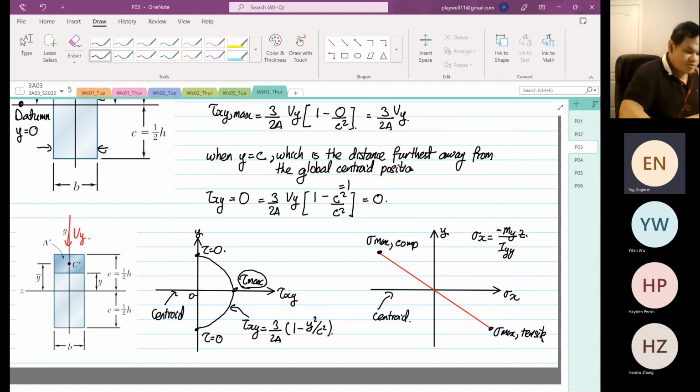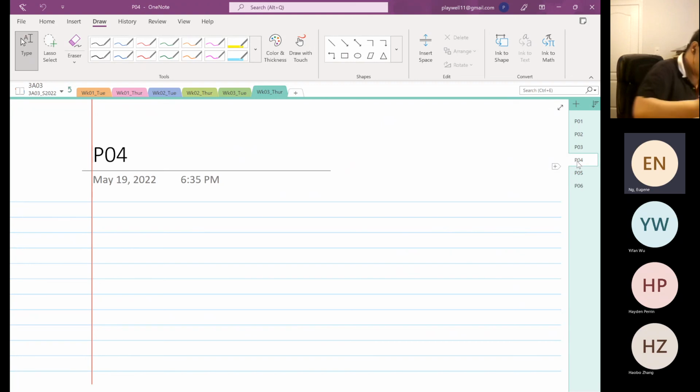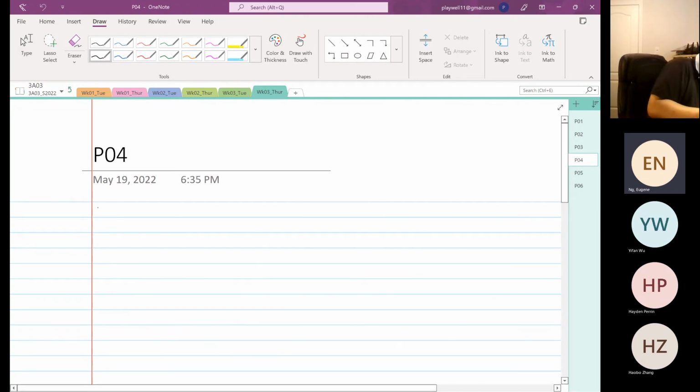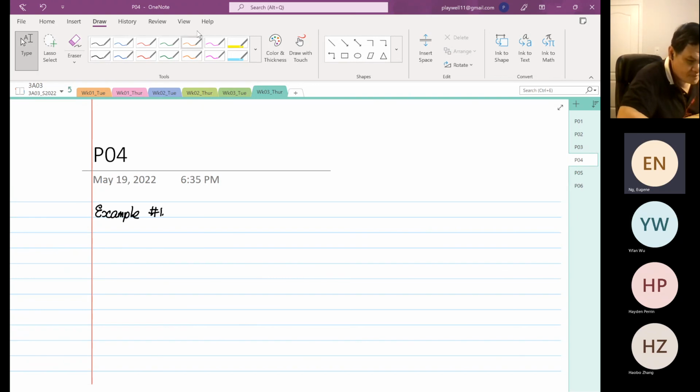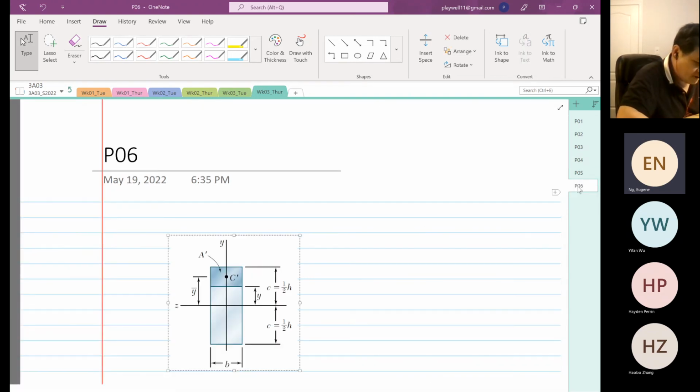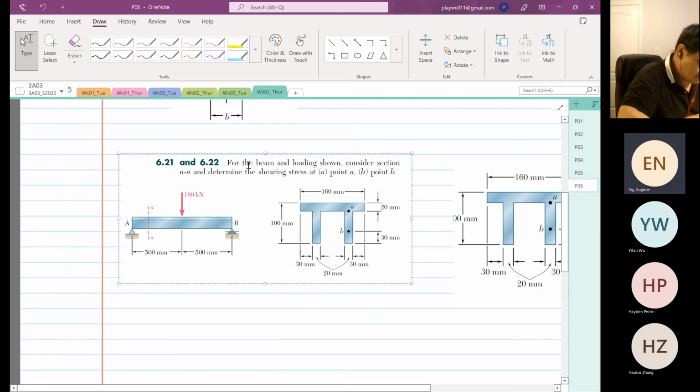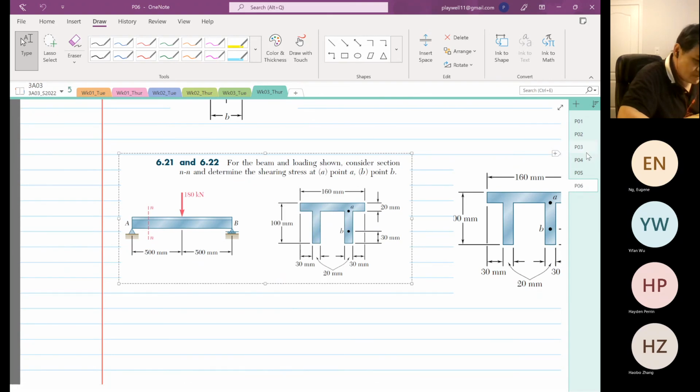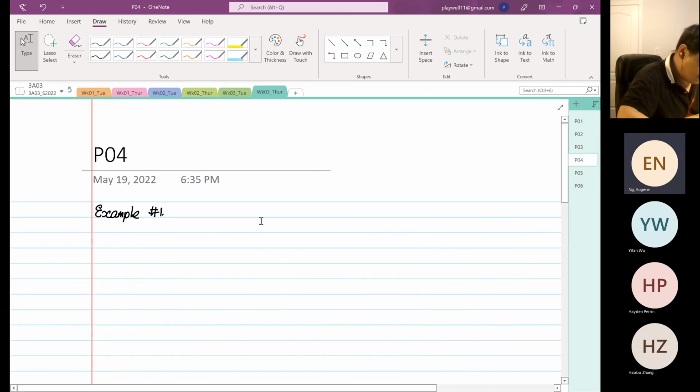Right. Next, we are going to look at another example. Okay, we are going to do an actual calculation now, and this will be our example number 1. Okay, so the example you can find over here. These are all on Avenue to Learn, okay?